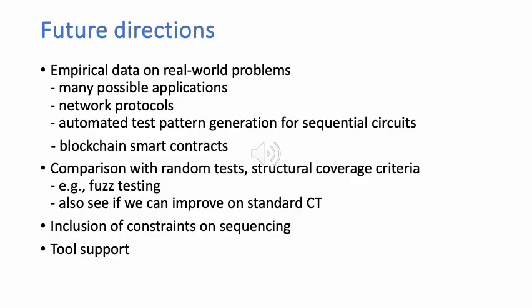We'd like to compare this with random testing, standard structural coverage criteria, and so on, and also see if we can possibly integrate this into standard combinatorial testing tools. Building a bigger suite of testing tools could be quite useful. And then a big question is what happens with constraints, always important.